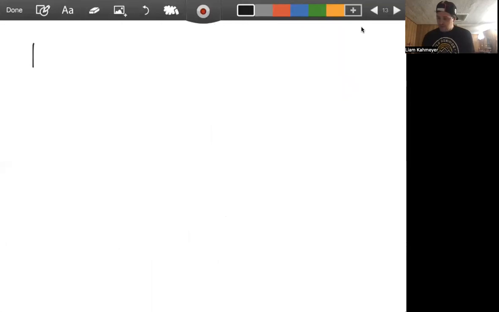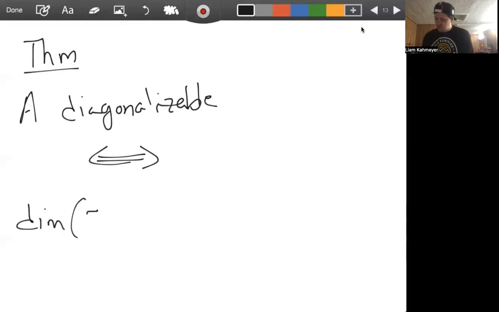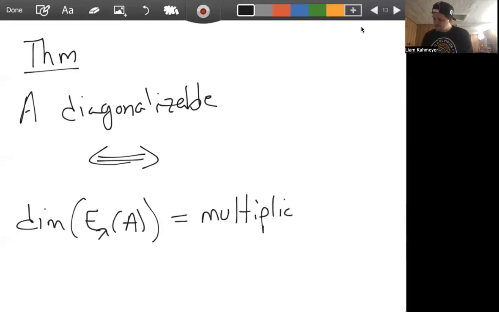So what do we get here? We get the following theorem. A is diagonalizable if and only if, which is an if-then and the converse if-then, the dimension of the eigenspace of a fixed eigenvalue lambda is equal to the multiplicity of lambda.